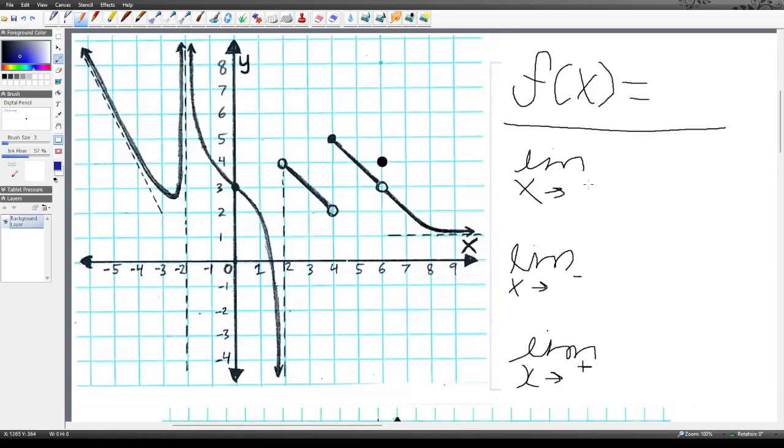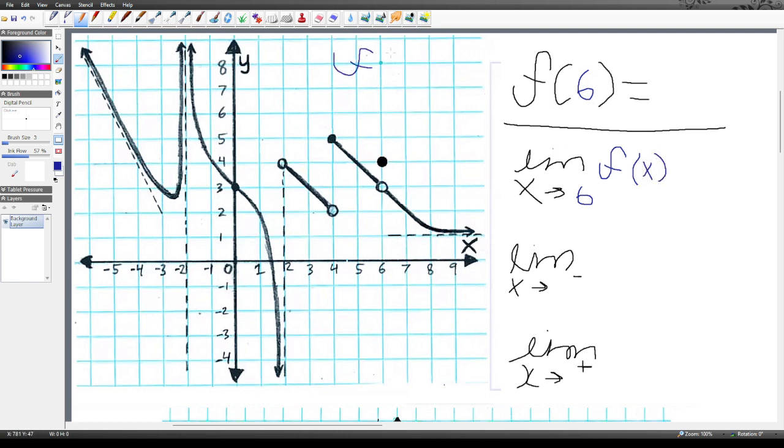Pause the video and try it. Let me erase this x to give it a value and we'll evaluate that value. Evaluate the limit of 6 of f of x.